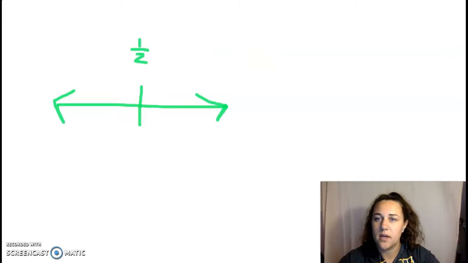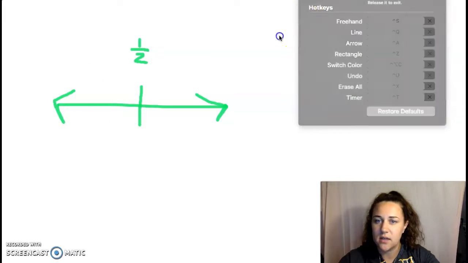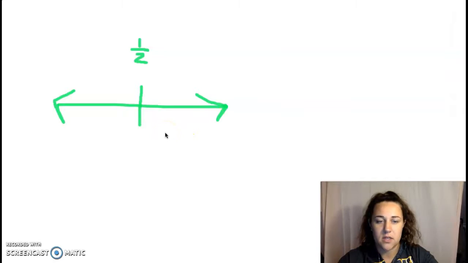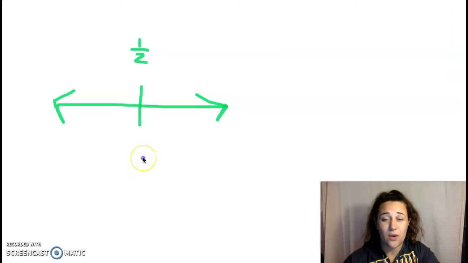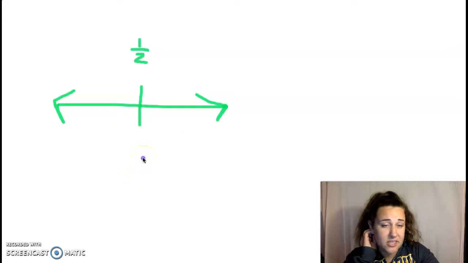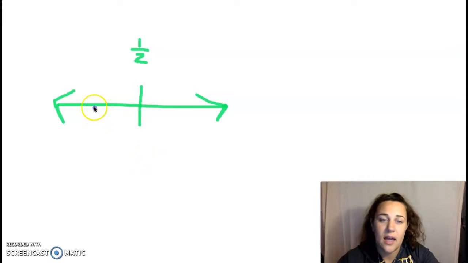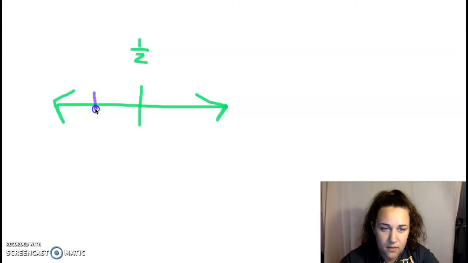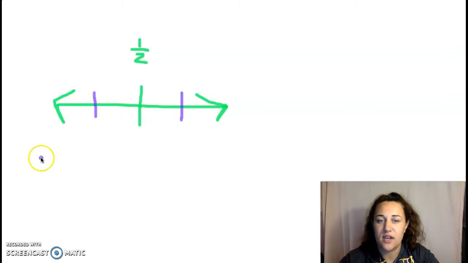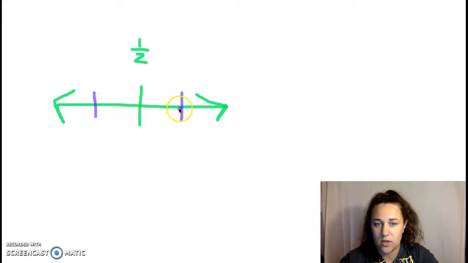So I know that I have 1/2. Now let me change my color again so we can see. Okay, perfect. So now let's say I want to find the equivalent fraction and I want to use the same number line. I can now cut this one in half and this one in half. And now I can figure out. So again, I have 1, 2, 3, 4, because we're still going to count this one.